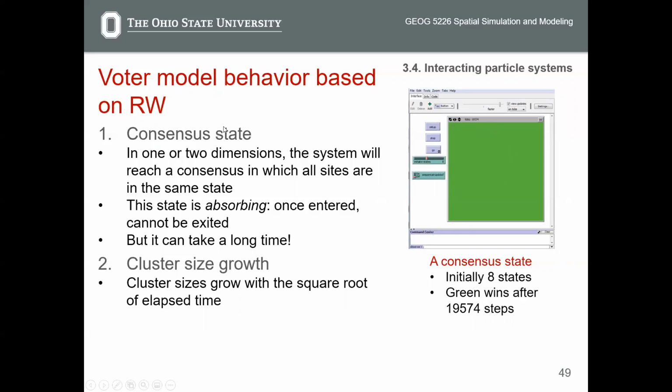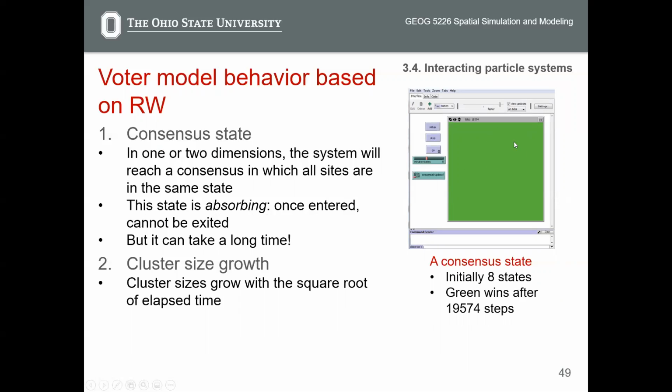Because due to the property of voter model, there is always a vote, and it's majority winning. Eventually there will be a winner. There will be a consensus state. And this state is absorbing, which means that once entered, it cannot be exited.